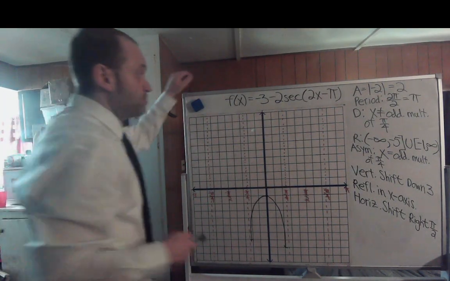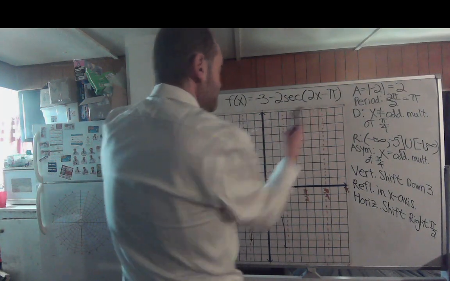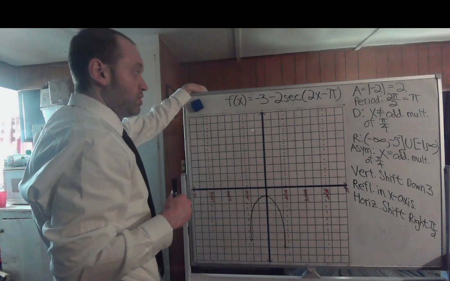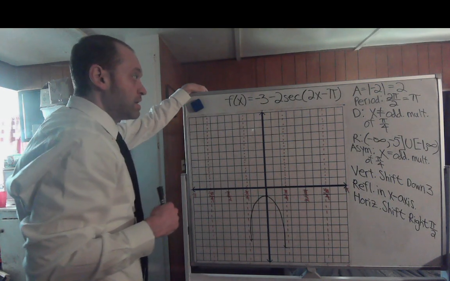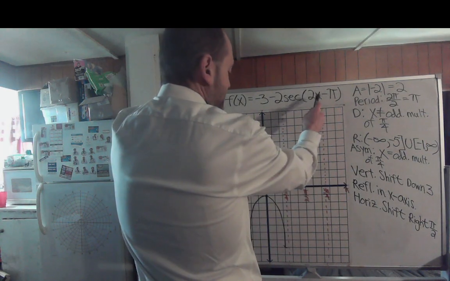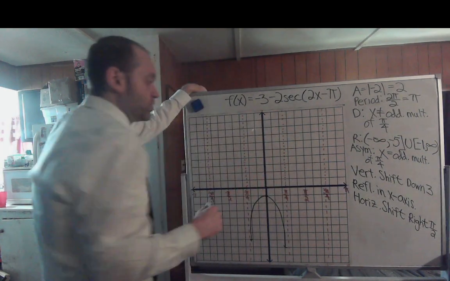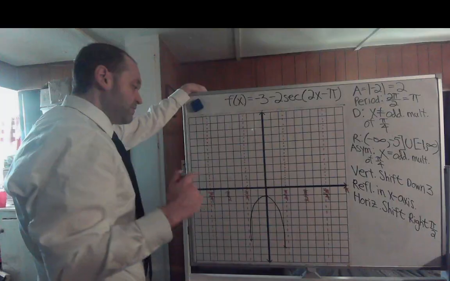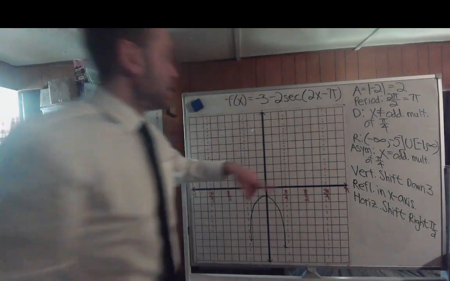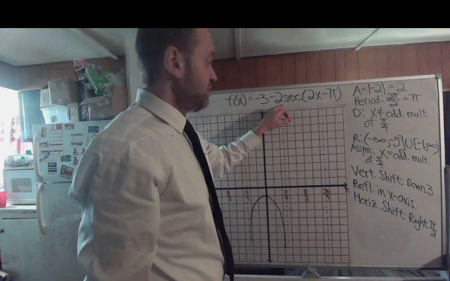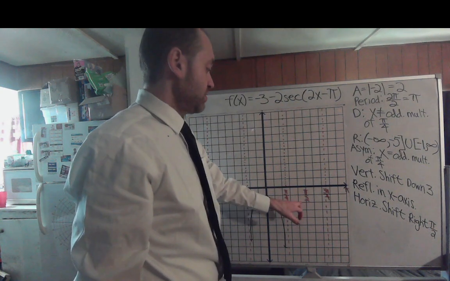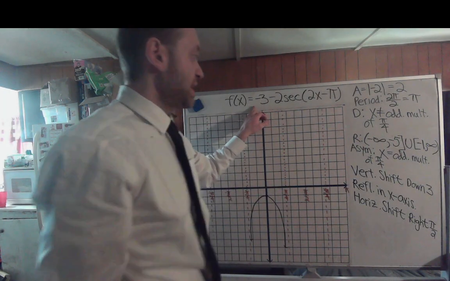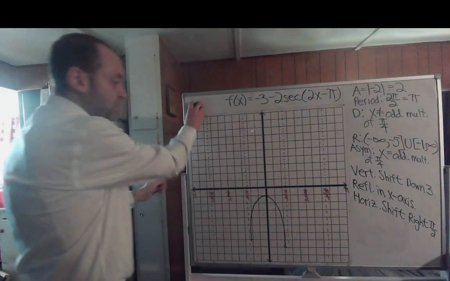Alright, now put in pi over 2, you would end up getting the secant of pi minus pi, which is 0, which is 1. However, if you take negative 2 times that, you get negative 2 minus 3 is actually negative 5.